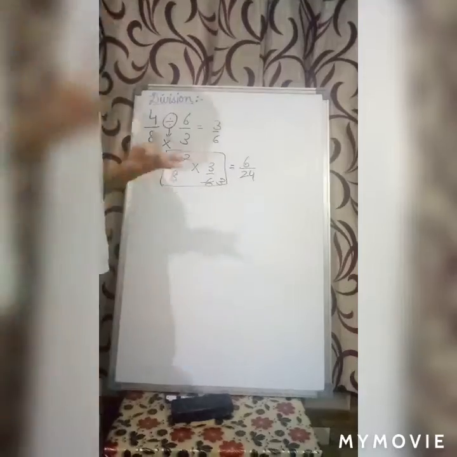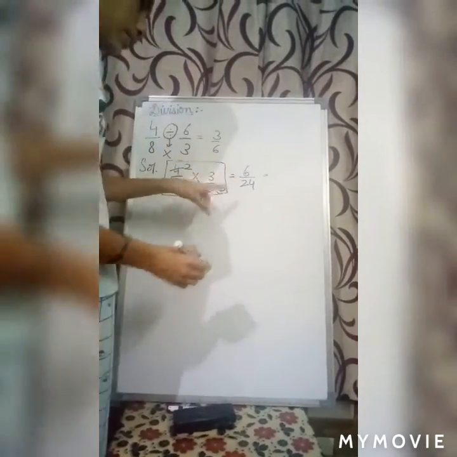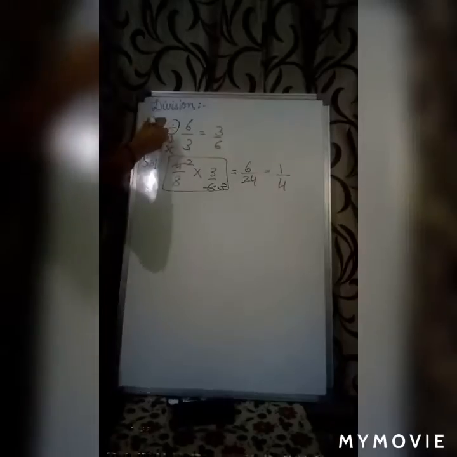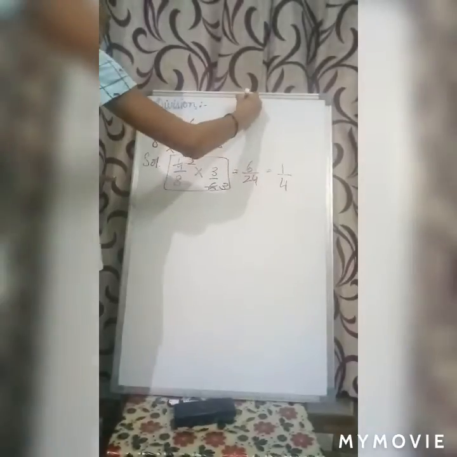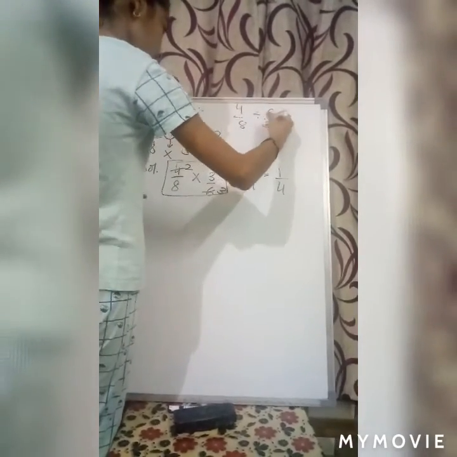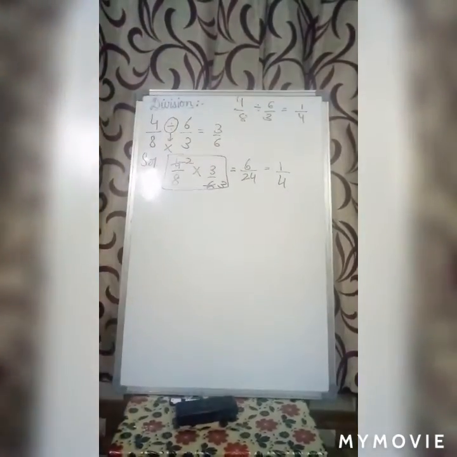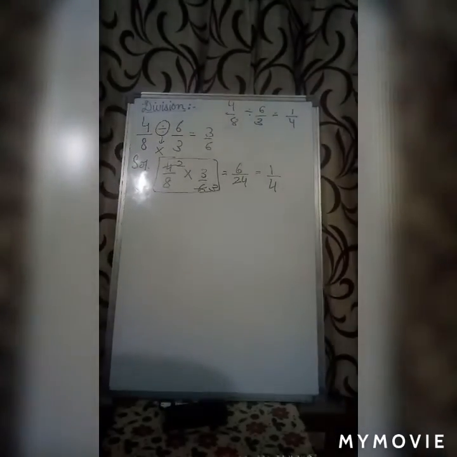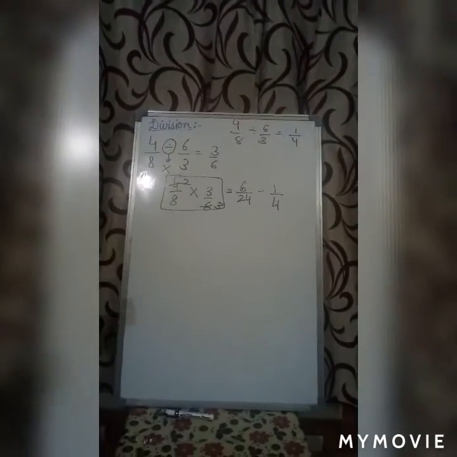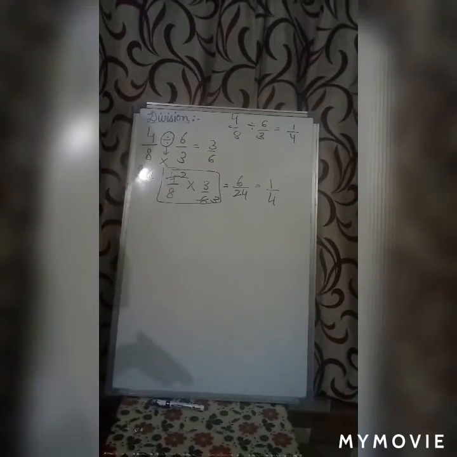We convert this fraction into simpler form, which would be 1 upon 4. So the answer of this division question, 4 upon 8 divided by 6 upon 3, is 1 upon 4. Understood the question? Good. If you want to take a screenshot or write it down, you can do that.